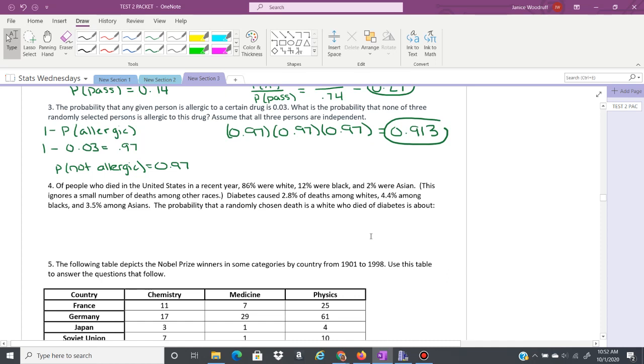All right, so are they mutually exclusive events? So we ask ourselves, can this happen at the same time? Can you be white and die of diabetes? Yes, you can. So these are mutually non-exclusive.